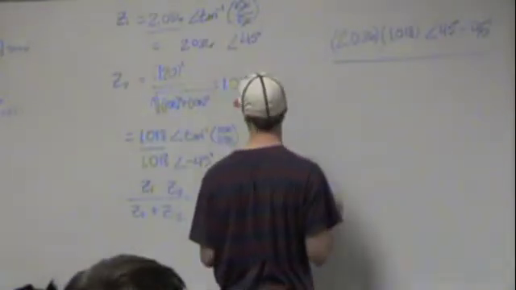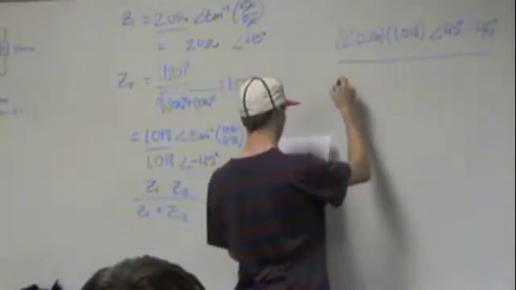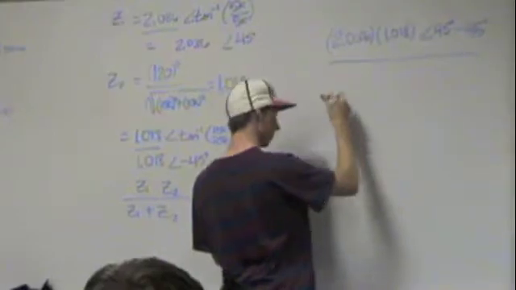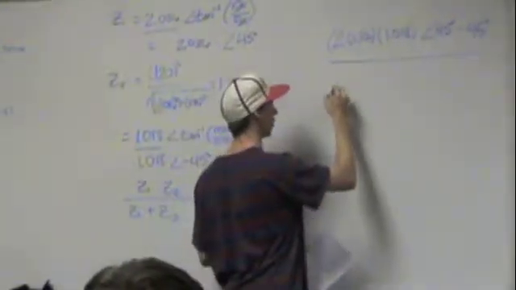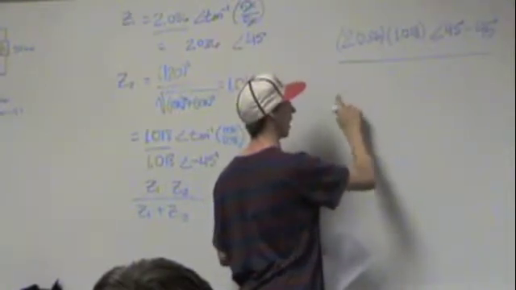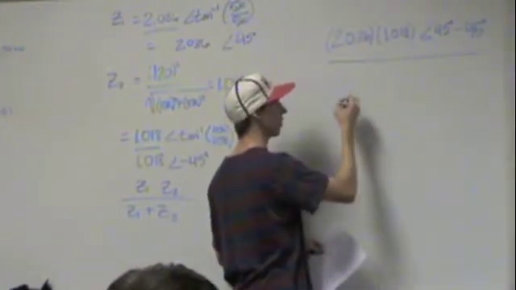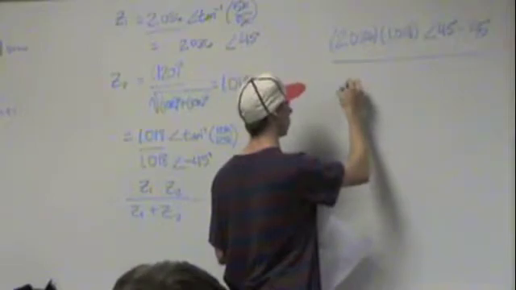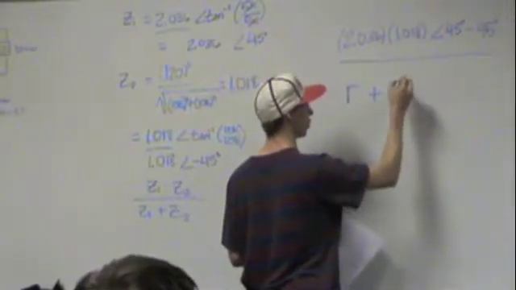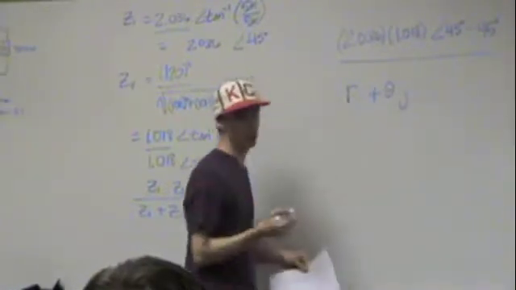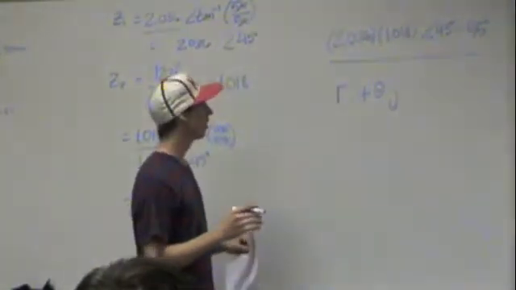So that's a fun process. Rectangular is the form where you have your real portion and then plus something J. This is what would be like 5k plus 5k J.